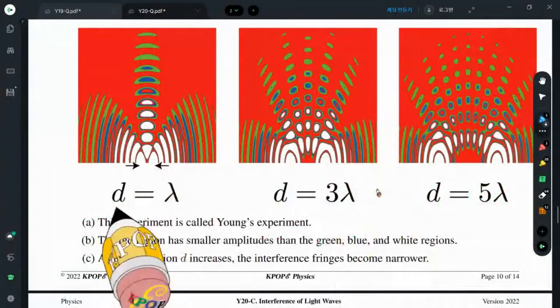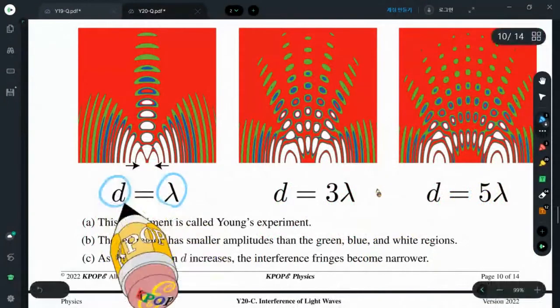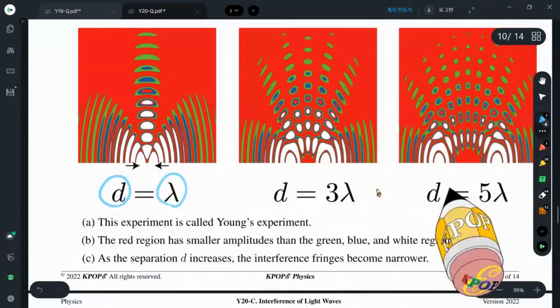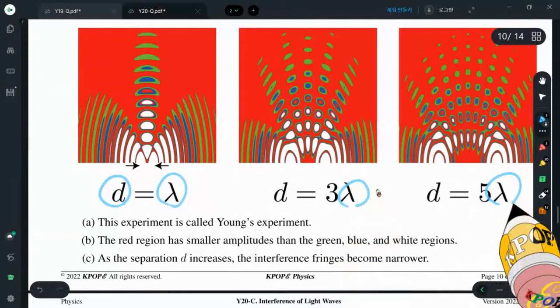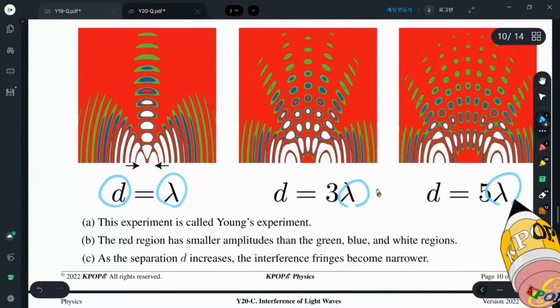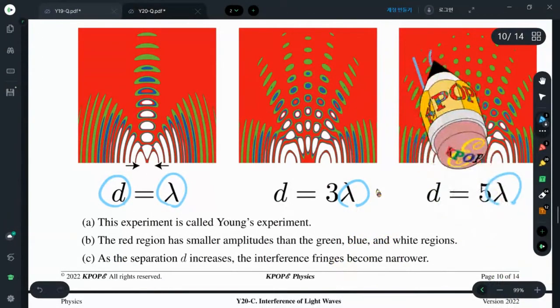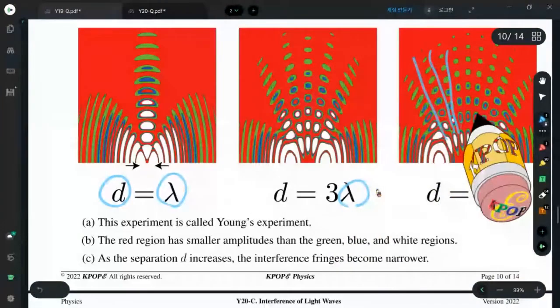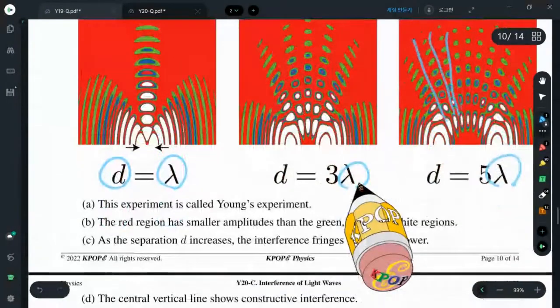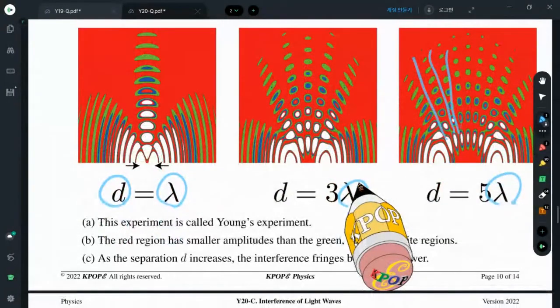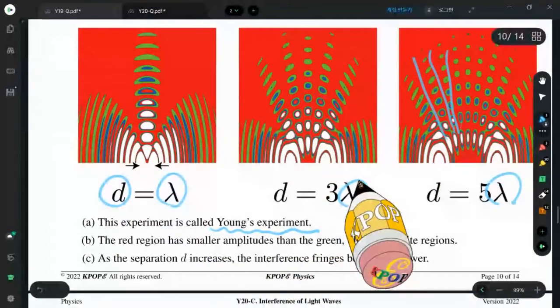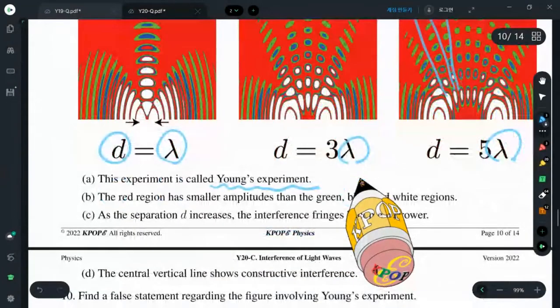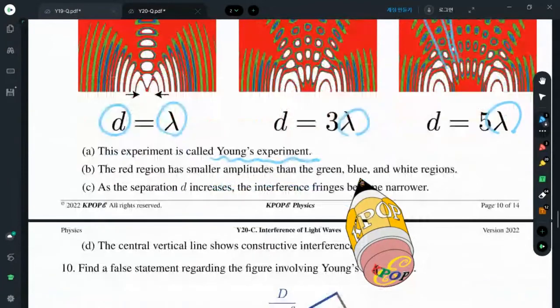You will find that as d increases, with the wavelength lambda fixed to be the same, you will find a greater number of fringes. This is a demonstration of Young's experiment, the two-slit experiment.